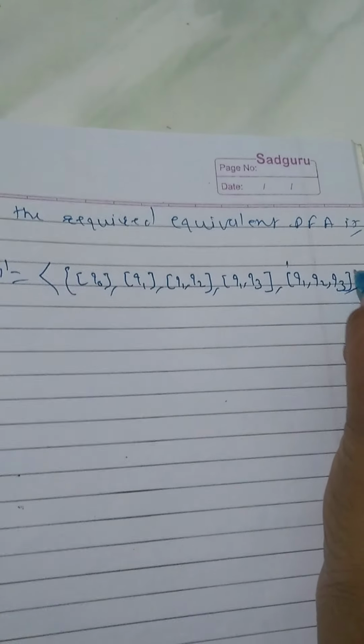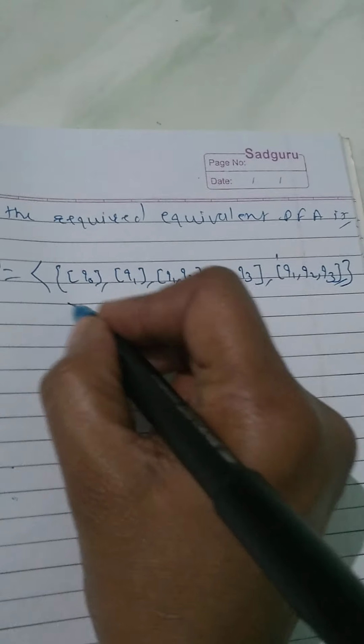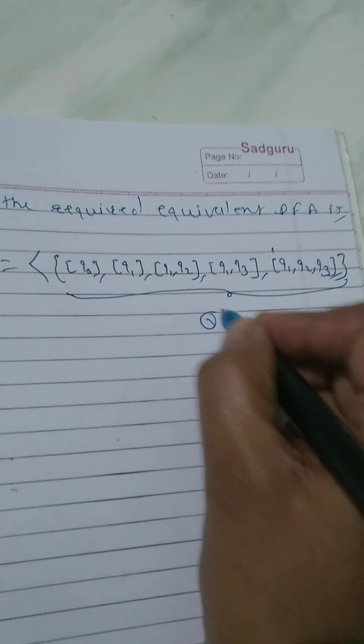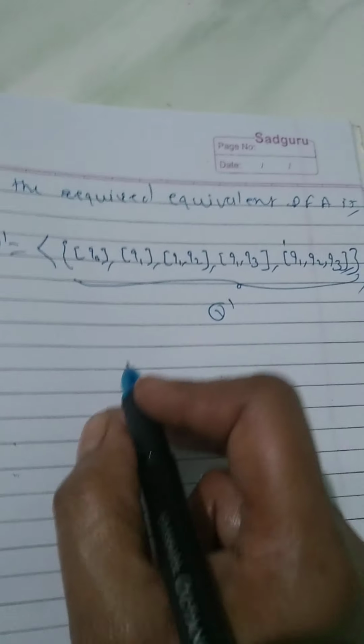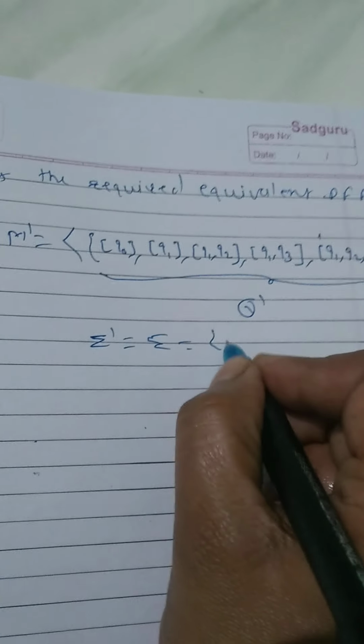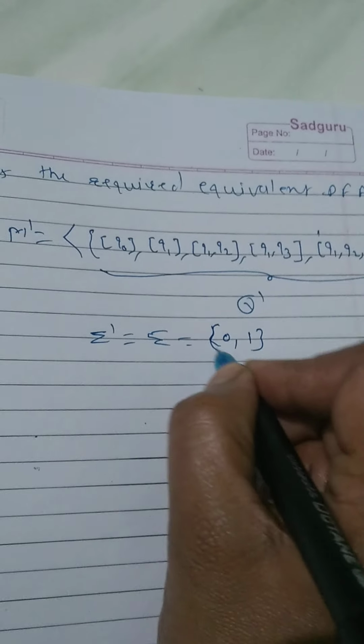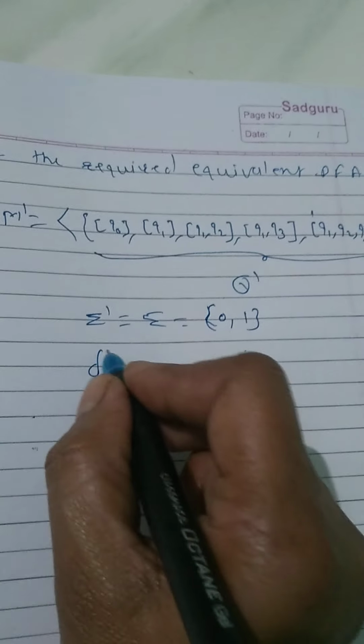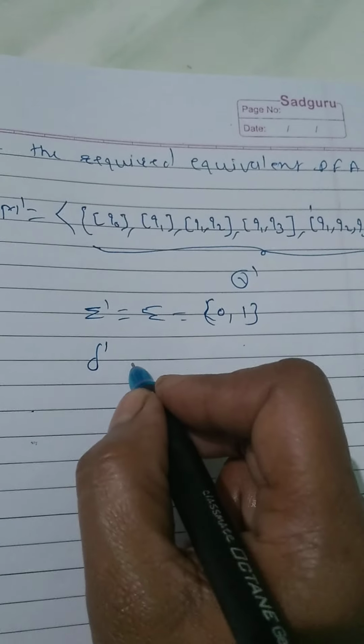So these are the Q dash. Then sigma dash is equal to sigma is equal to 0, 1. Input symbols will remain the same. Then delta dash is obtained there.